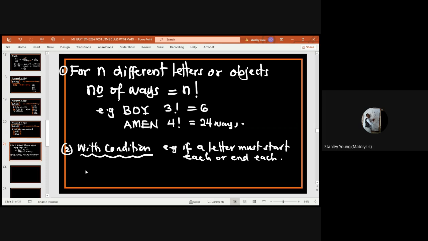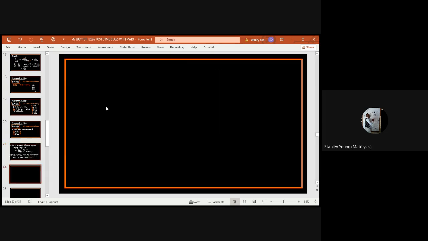For instance, now if I have boy, if B must start, the number of ways is supposed to be 3 factorial ways before, but in this case, we now have 2 factorial because B is no longer going to be part of what we are rearranging. B already has a guaranteed position. Others do not have guaranteed position. So you have 2. So if I give you something like radio, and I tell you that R must start.